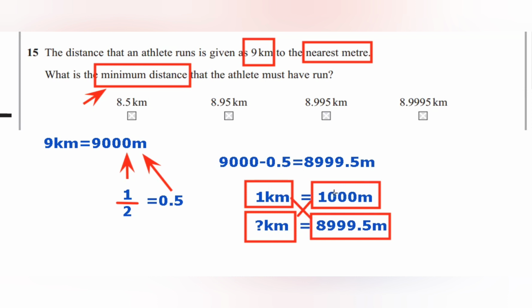So 8,999.5 divided by 1,000, and the answer will be 8.9995.